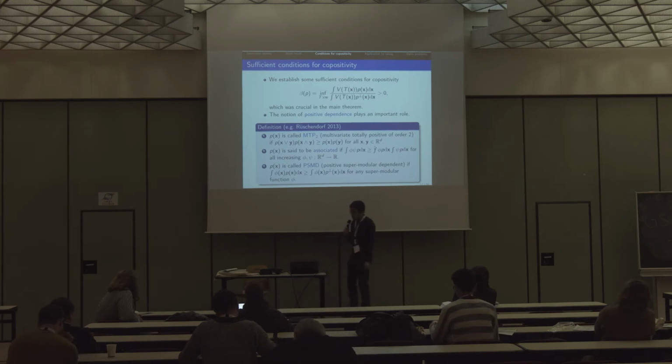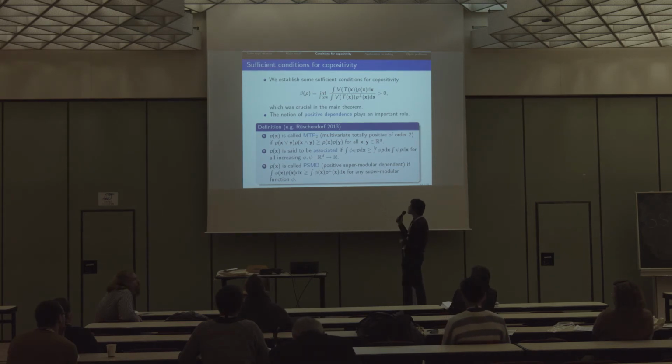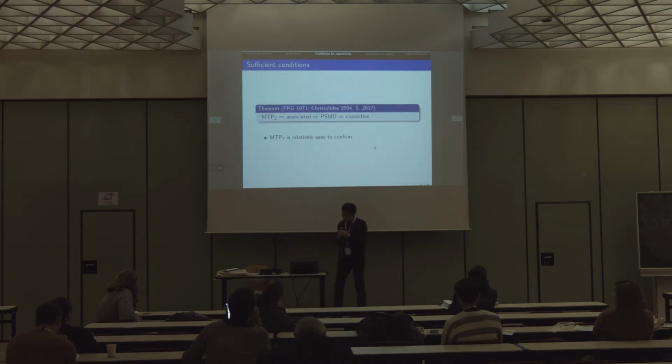Now, we give some sufficient conditions for copositivity. The details are omitted. The notion of positive dependence plays an important role here. Here I show three conditions on positive dependence, and here is the result.